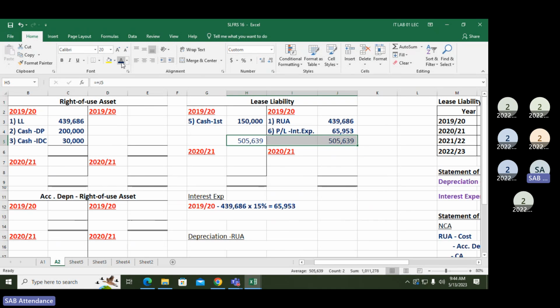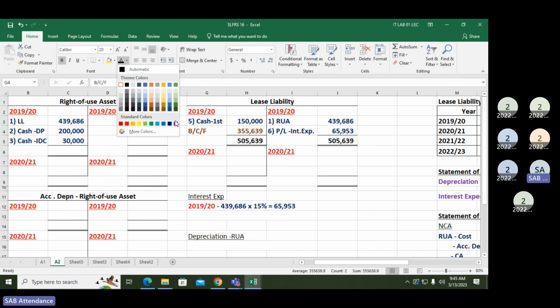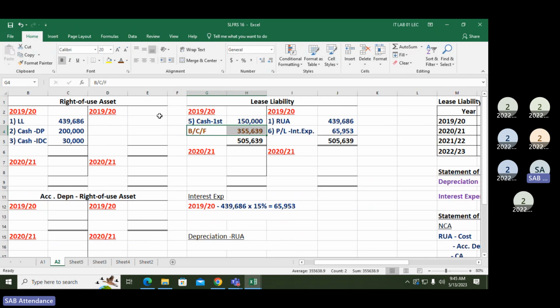So then you can have the balance, the carry forward balance. And the right of use asset account also we can balance.